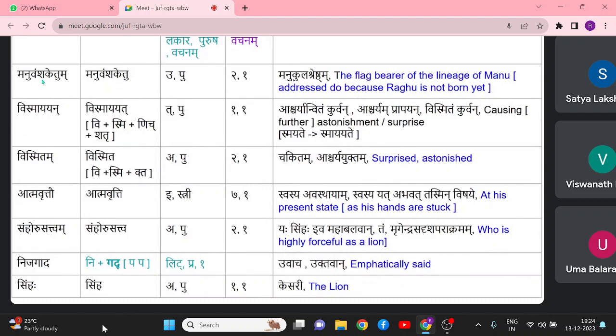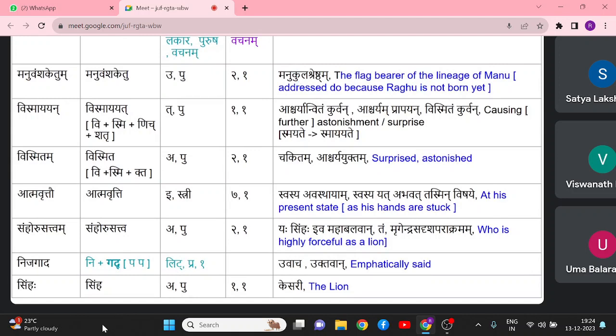Manushya Vamsha Ketum. Manukula Shreshtam. Manoho Kulaha Manukula. The Kule Shreshtaha, Manushya Kula Shreshtaha. The flag bearer of the lineage of Manu. Addressed so because Raghu is not born yet. So note that it is still called Manukula because Raghu is not born yet.